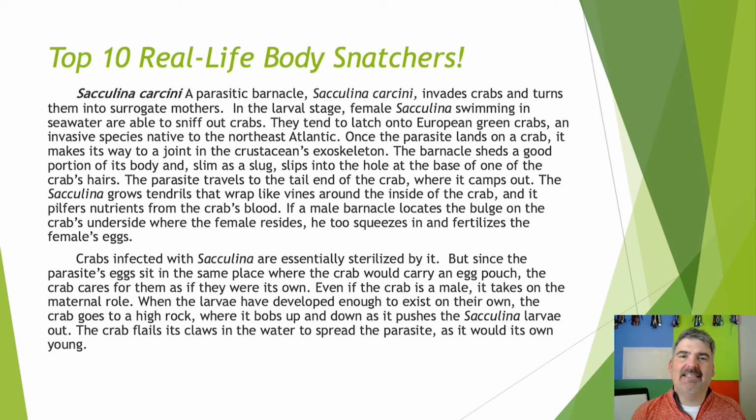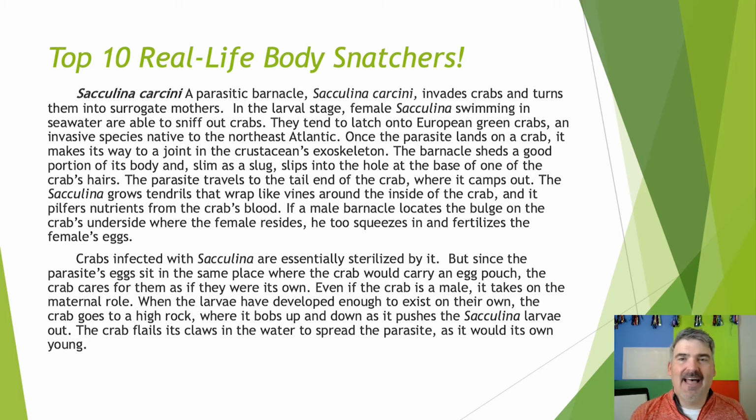Notice that the text also says that in the larval stage, when they're young, the female barnacles that swim around in seawater are able to smell around to find the crabs. Let's see why they're smelling around for them. They tend to latch onto European green crabs, an invasive species native to the northeast Atlantic.